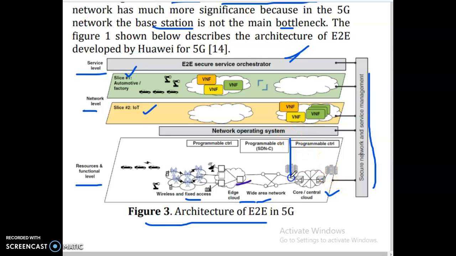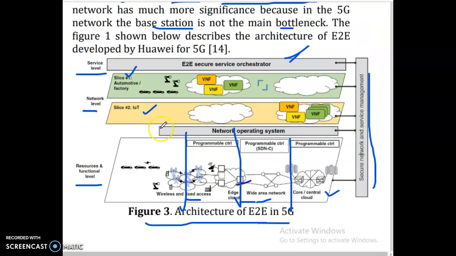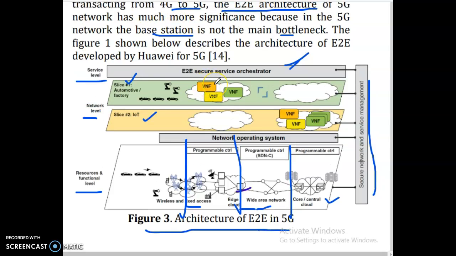So this is programmable control SDNC, the architecture of E2E in 5G. This VNF stands for Virtual Network Functions.